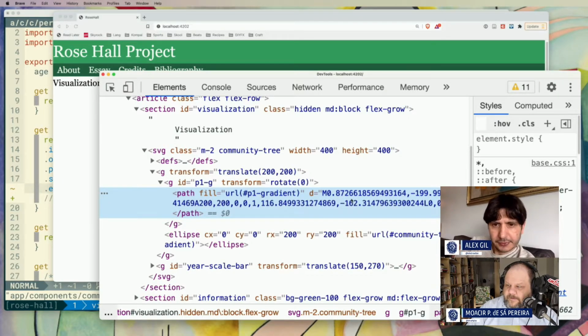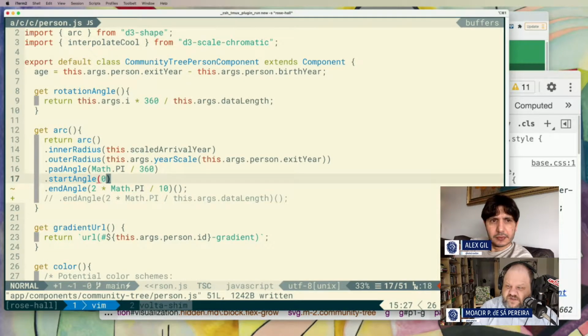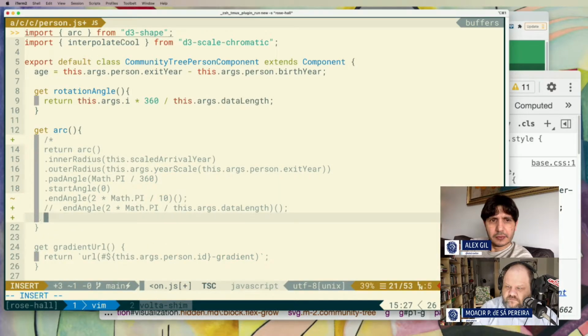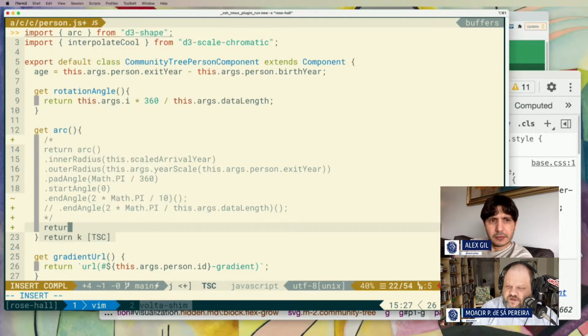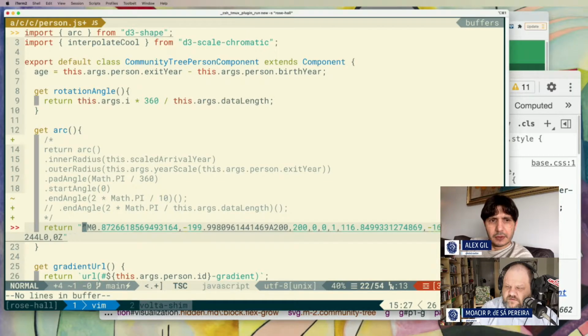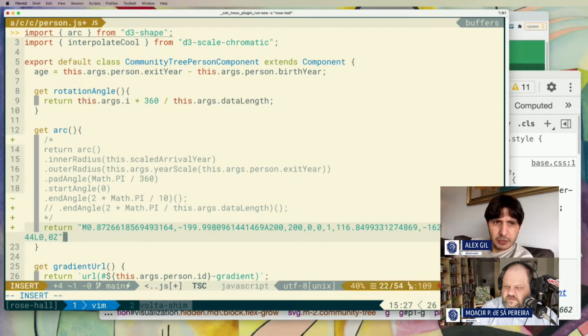Come on, copy. So instead of all of this, let's have it just return this. You're gonna have to have a better quotation mark game.